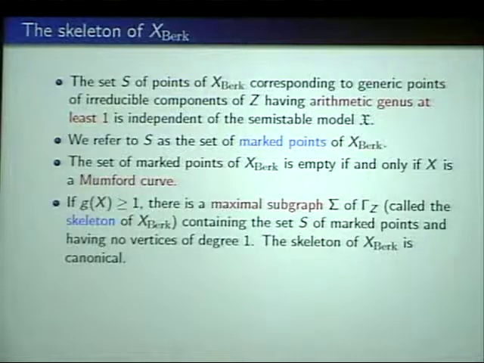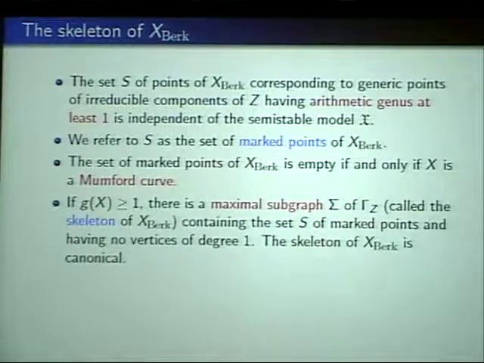Now, if the genus of the generic fiber is at least 1, then there's a well-defined canonical subgraph, which I'll call sigma. Berkovich calls it the skeleton, and it contains the set of marked points, and it has no vertices of degree 1. If we have any vertex of degree 1 in our tree, we can retract the edge containing that onto a smaller graph.